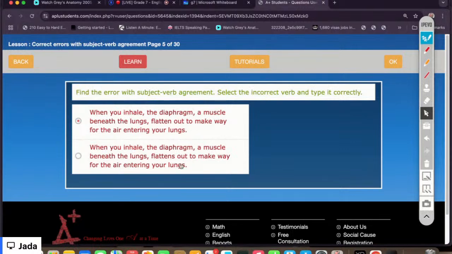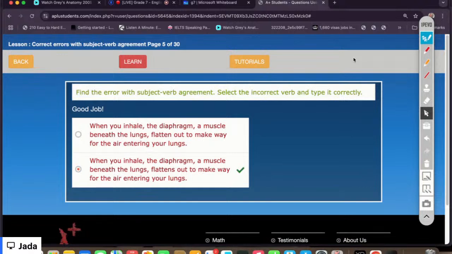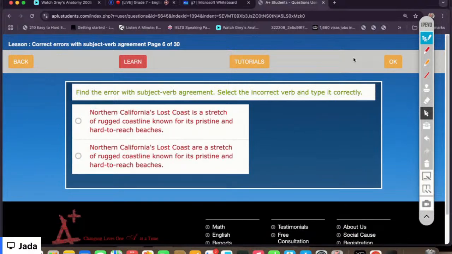So it says the diaphragm. So the diaphragm is one. So you need to have a verb with S, so flattens. Okay?